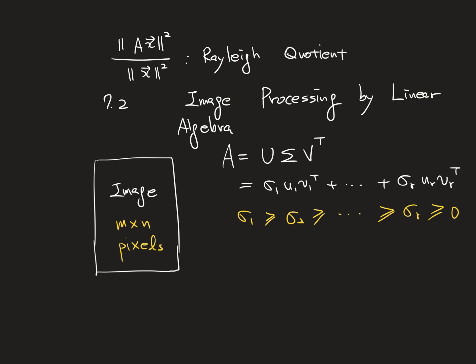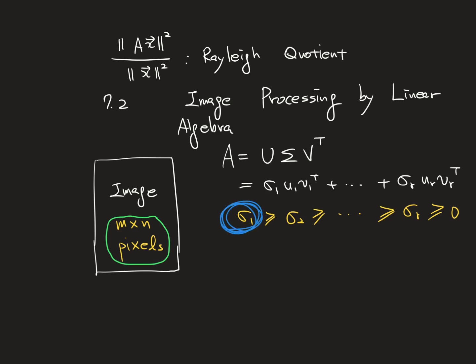If we represent the image by this matrix A, how much memory do we need? We need m by n space because it has m by n pixels. But we can approximate, because sigma 1 is the largest one.